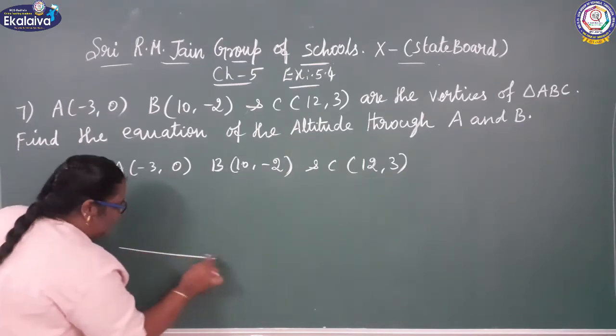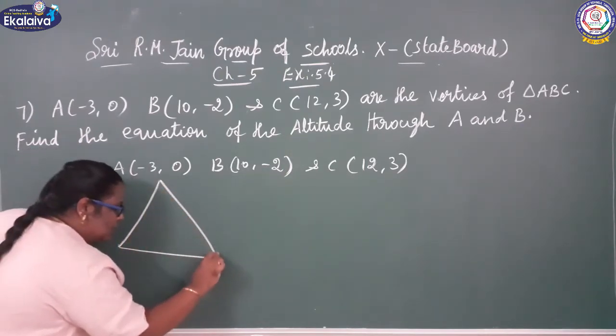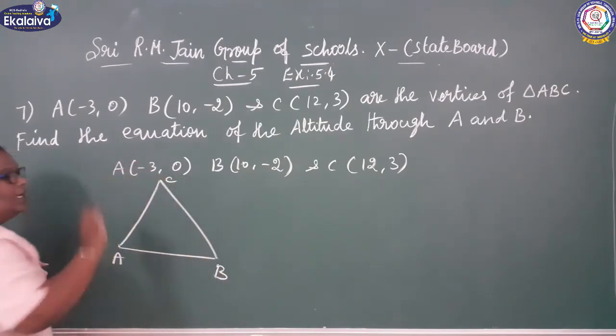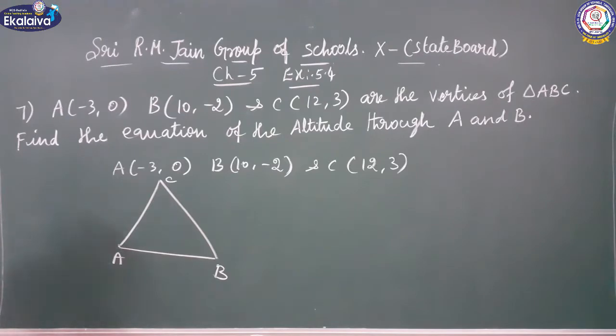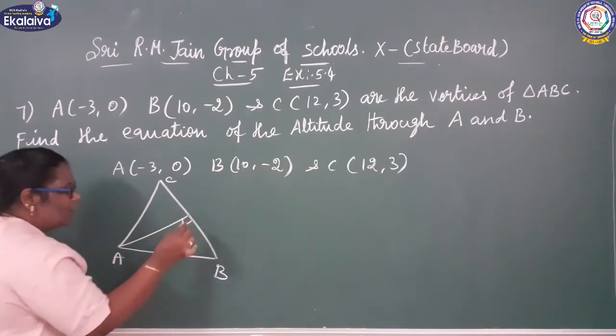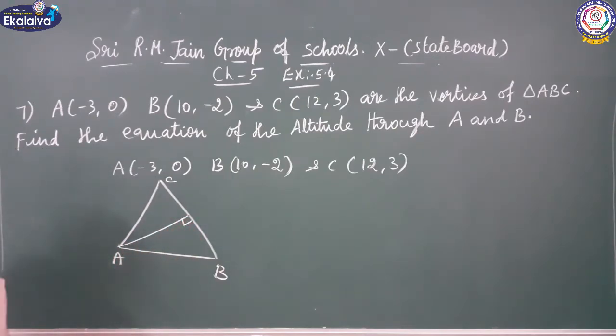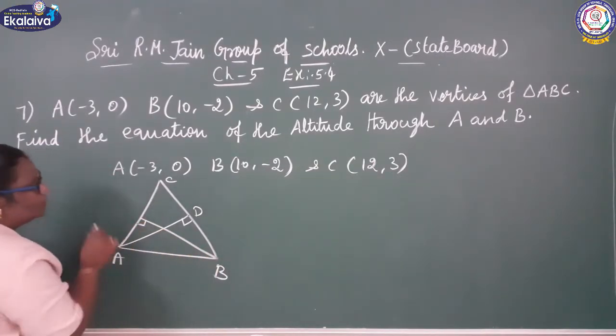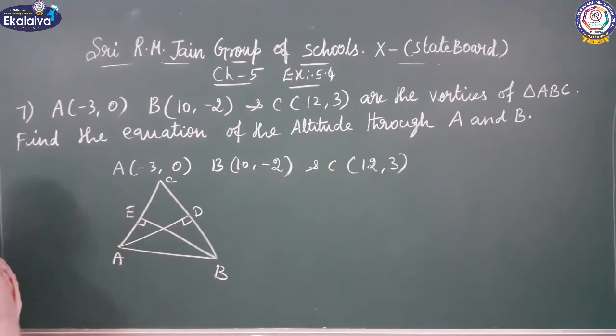Take the triangle like this, vertices of your triangle: A, B, C. Find the equation of the altitude through A, which you can mark as D, and through B, which you can mark as E.